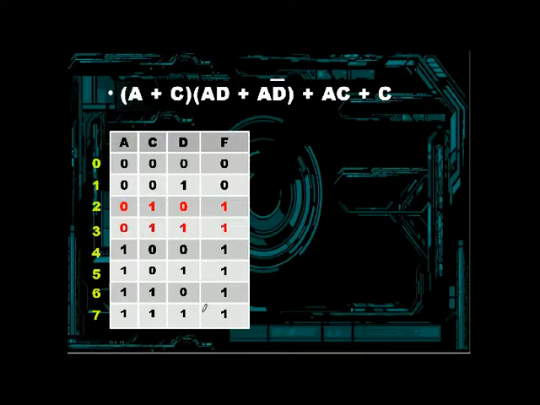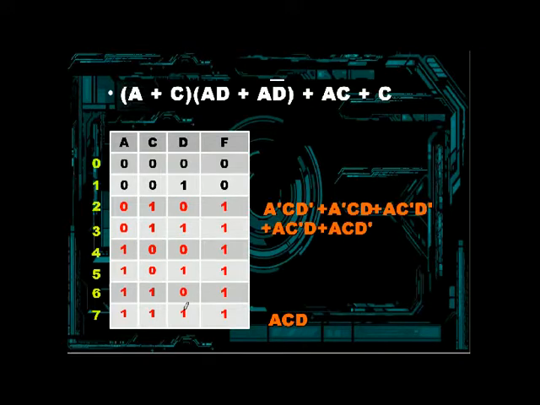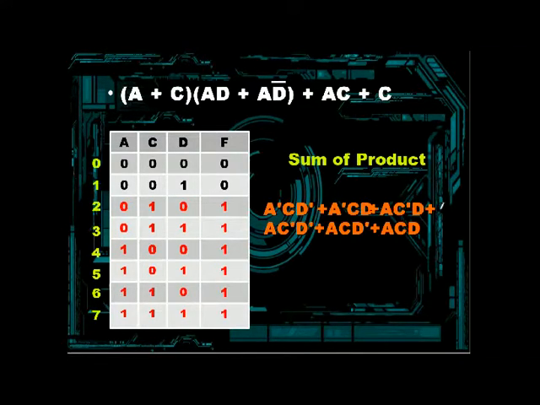This is A not C D not. And here's A not C D, A C not D not, A C not D, A C D not, A C D. And all of those are sum of products. This is my sum of products.